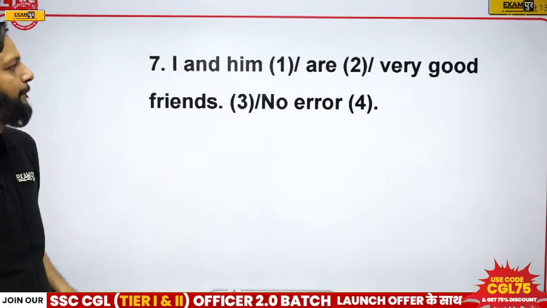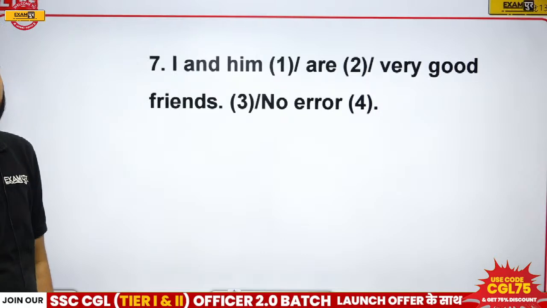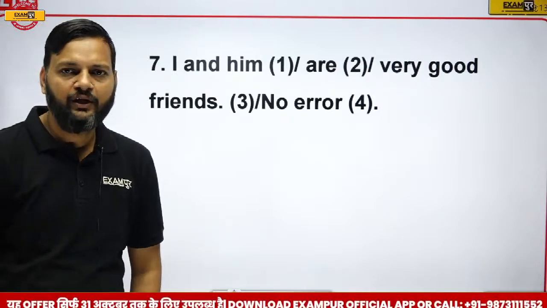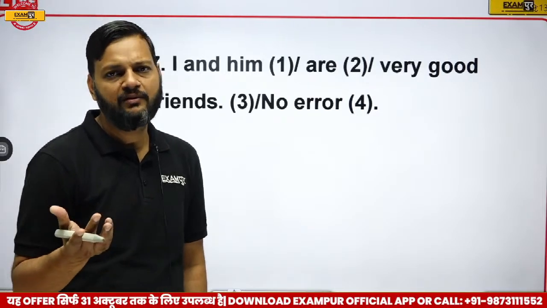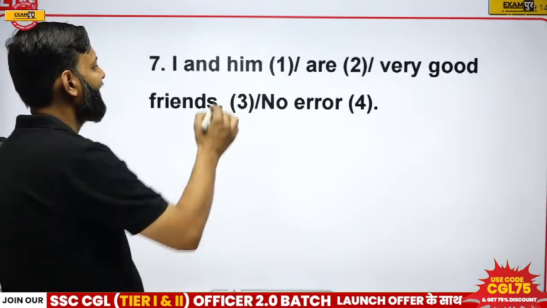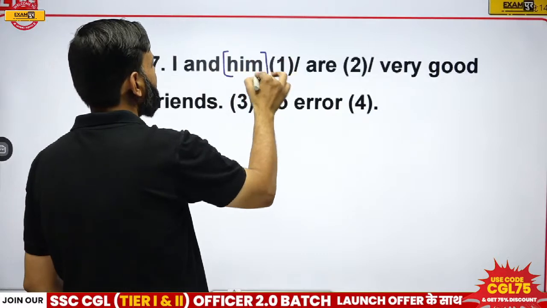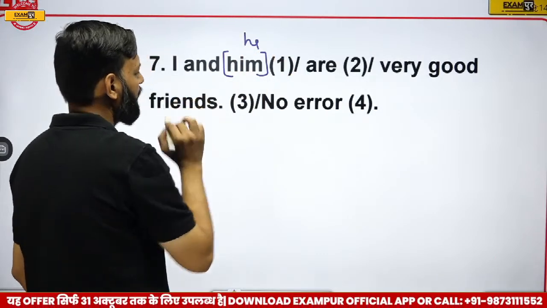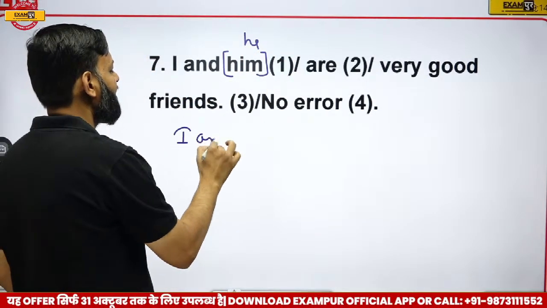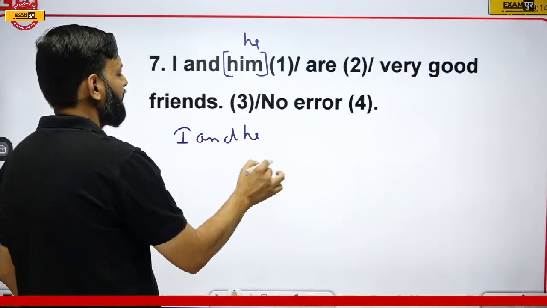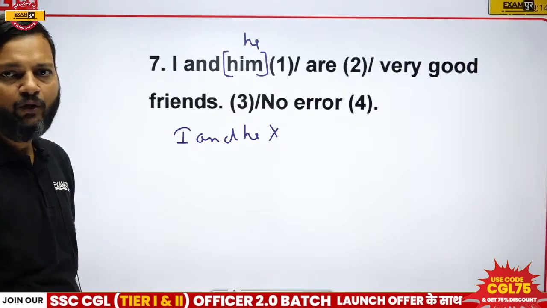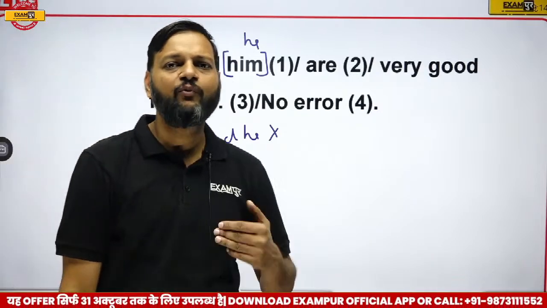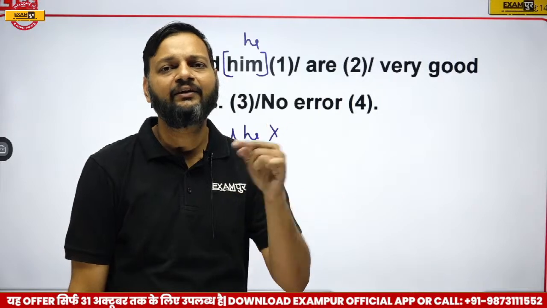Okay, now question number 7. I and him are very good friends. So here two improvements are required. First, him will be replaced by he. But if I write I and he, this is still a wrong structure, because the sequence of more than one pronoun should be second, third and first person.